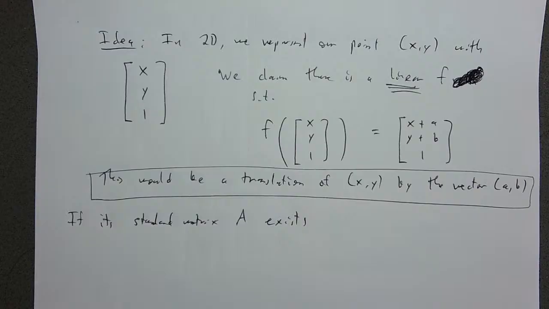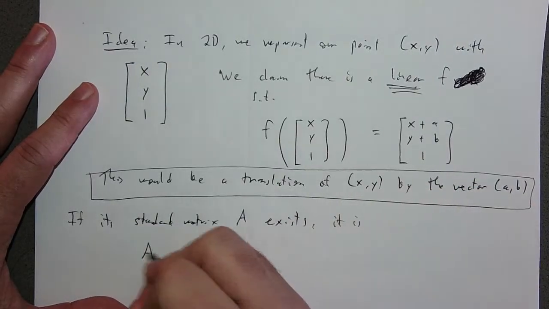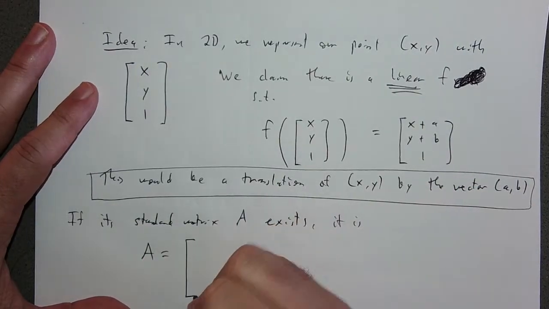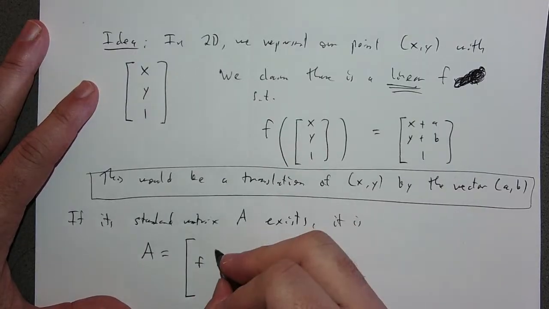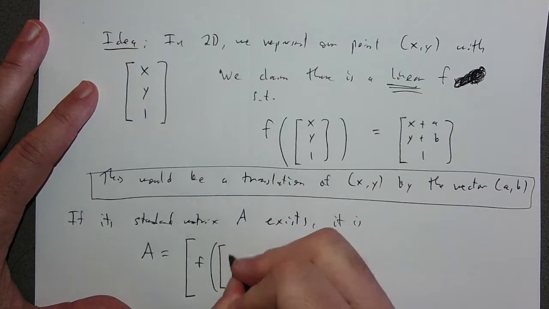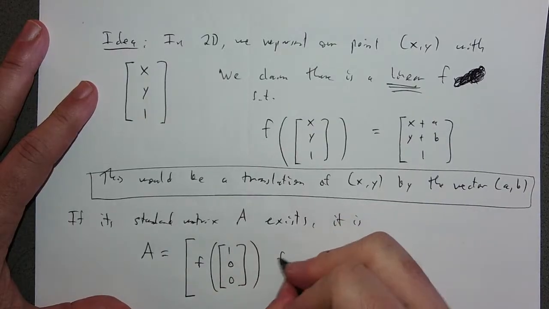That f of vector is equal to the matrix A times the vector. If this thing exists, it must be what? A must be the matrix whose columns are how f behaves on the standard basis vectors, in this case i, j, and k since we're in R3.